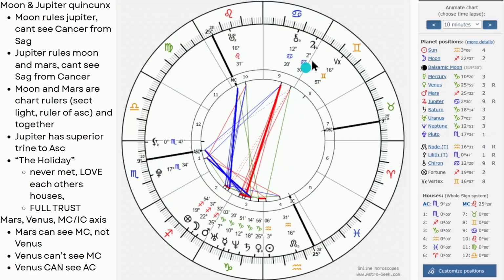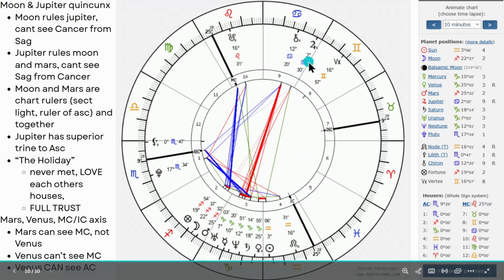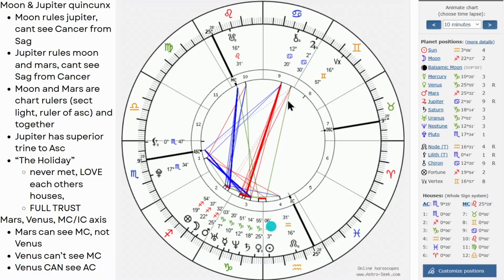And what if I assumed there was an area of trust between this place and this place, which are very close together? Sun just moved off of a trine to Jupiter because Jupiter's going backwards here, so they're not going to meet again.